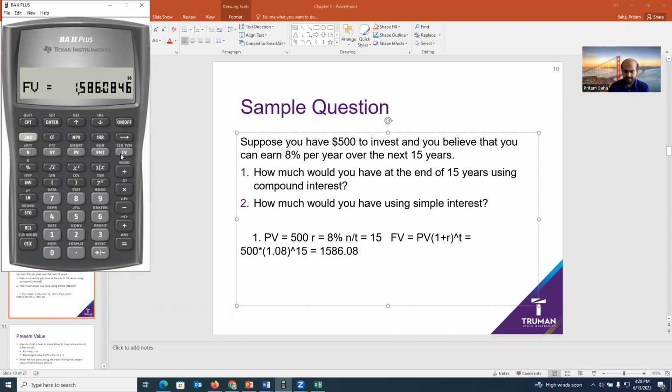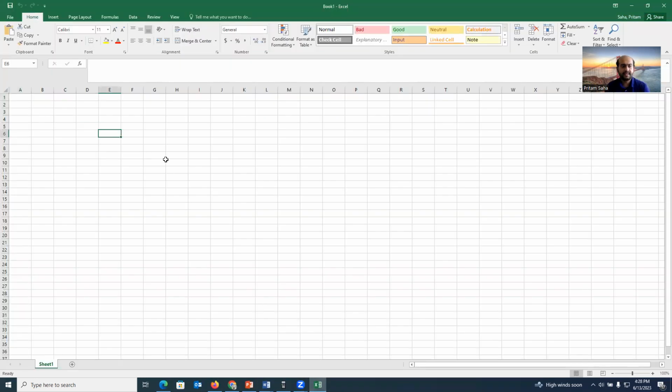How to do it in Excel. The Excel formula for future value is FV. So basically you hit the equal sign, type FV, hit the tab key, and it's going to look like this.